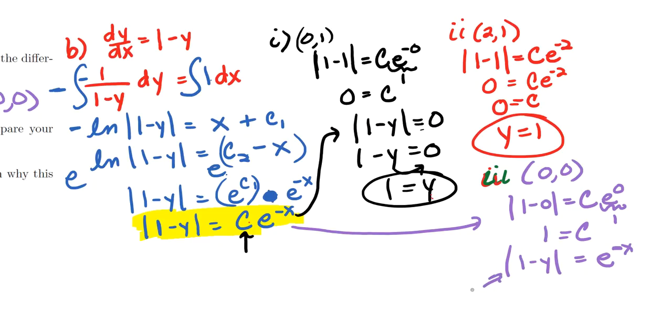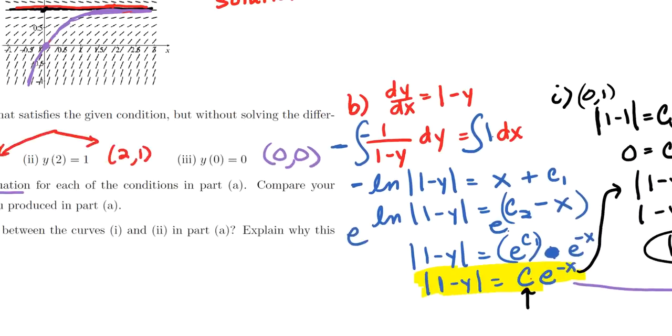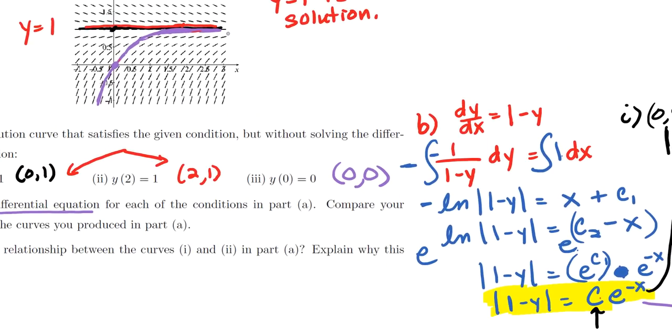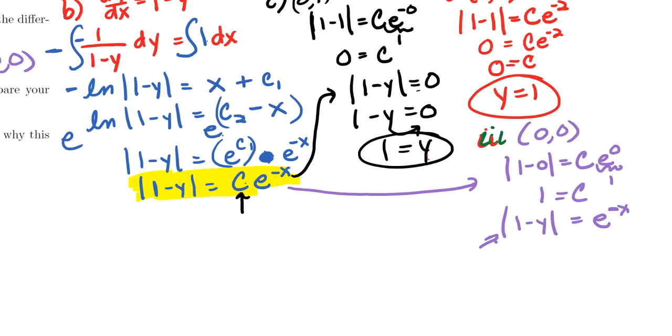And what about these absolute values? Well, let's look at what we were doing here. Our graph can't cross over. It reaches that equilibrium, so notice that y is always less than 1 here. And look at this absolute value. If y is less than 1, this is always going to be a positive term, so we don't need those absolute values.